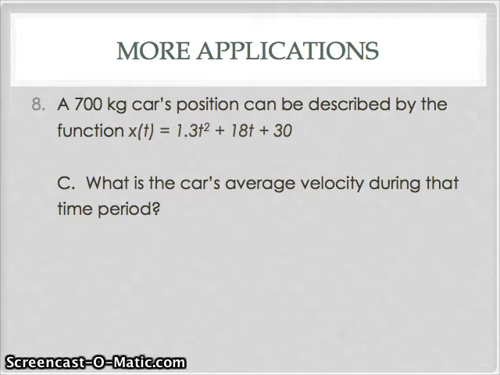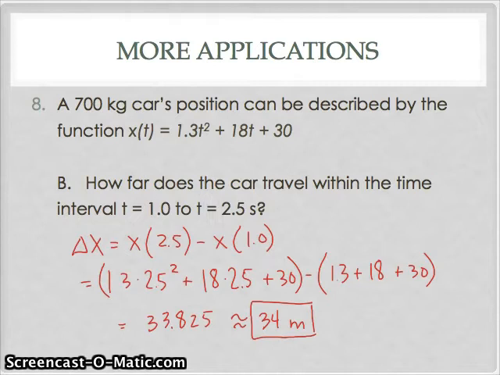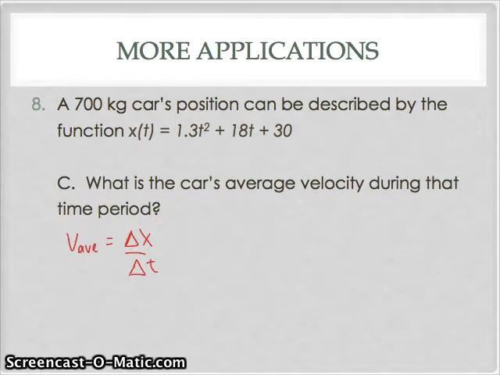All right, the car's average velocity. Again, this is one that we talked about in the last video, but an average velocity is not related to the velocity at a particular moment. It's instead related to how far the object has traveled. So we found just a few seconds ago that this object moved 34 meters, and it did that between t equals 1 to t equals 2.5 seconds. So that's the idea that we're going to be using here.